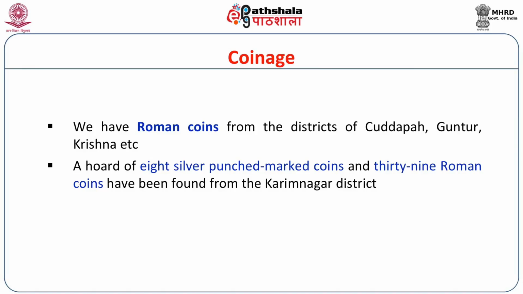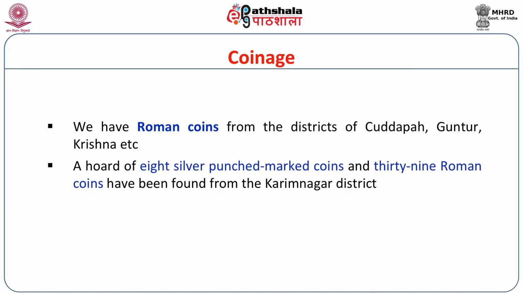We have Roman coins from the districts of Kuddapa, Guntur, and Krishna region. A hoard of 8 silver punchmark coins and 39 Roman coins have also been found from the Karimnagar district. Remember one thing, Roman coins we are getting. Why? Because Romans imported goods from here.